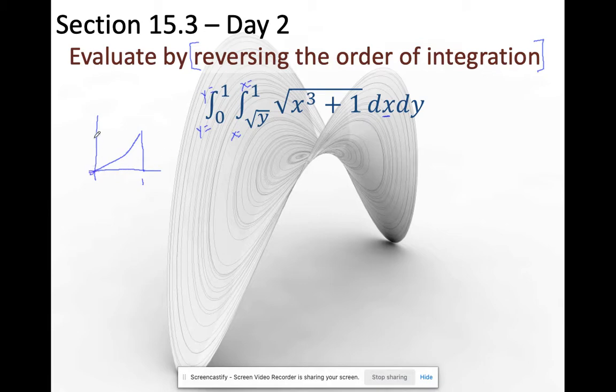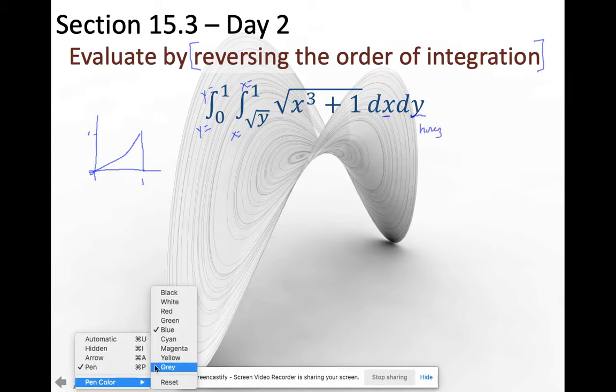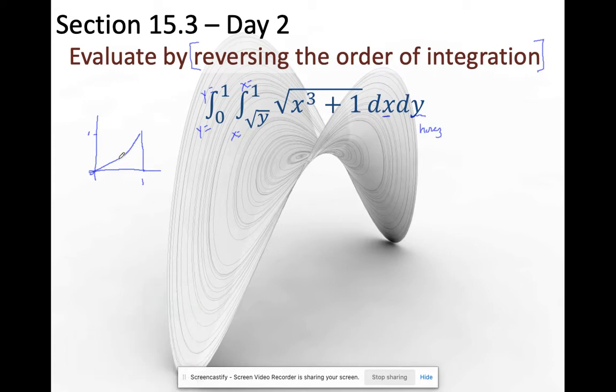And y goes from 0 to 1. And with y being on the outside, originally they were talking about doing horizontal strips, right? I am suggesting that you reverse that order. So instead of doing dx dy, do dy dx, which means instead you are doing vertical strips.